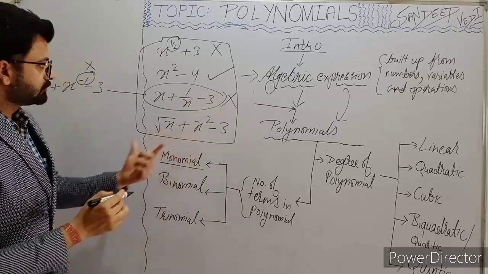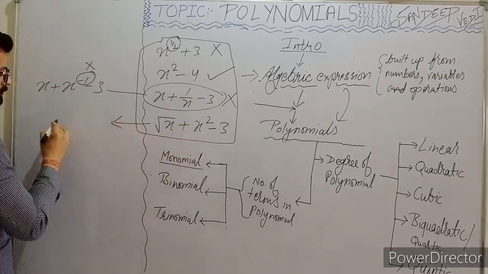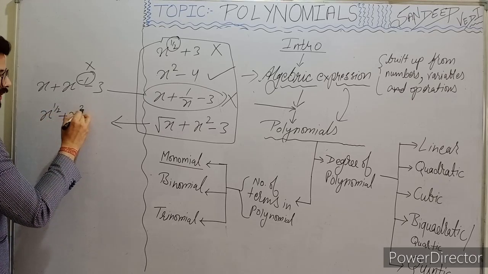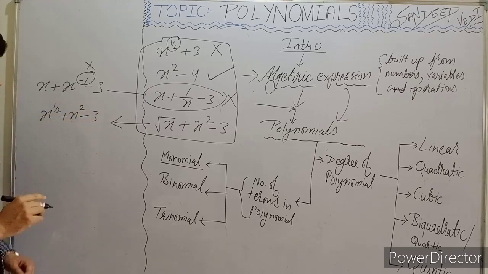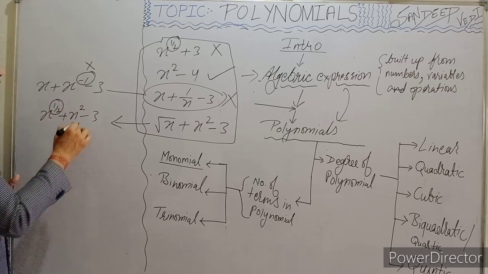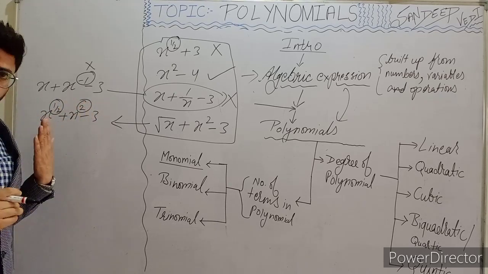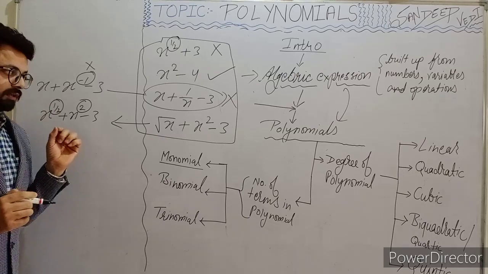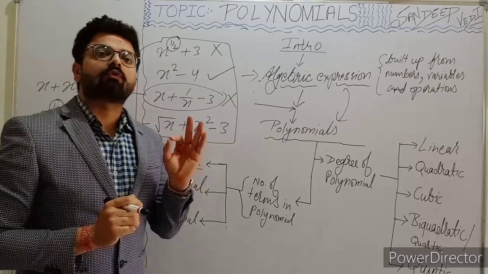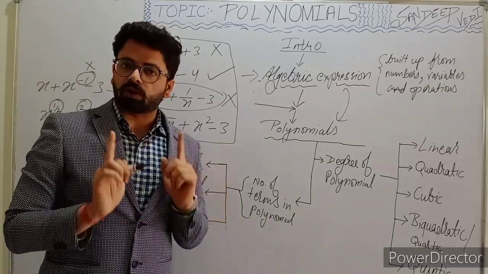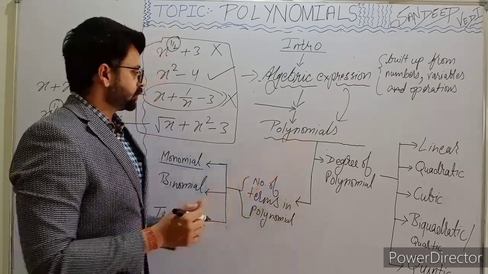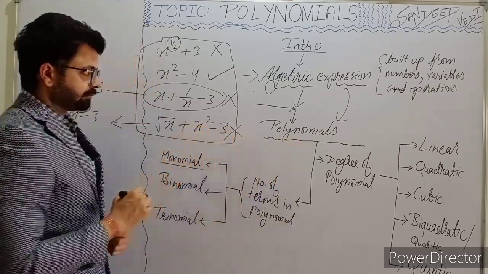Here again you see guys, x raised to the power 1 upon 2 plus x square minus 3. Now two things: at one place power is not a whole number, at another place power is a whole number, but in an algebraic expression the power of all the variables must be a whole number for a polynomial. So this is also not a polynomial.